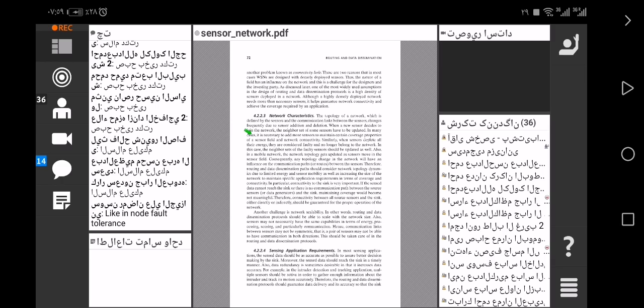And these are because of field nature. Another challenge is network characteristics.